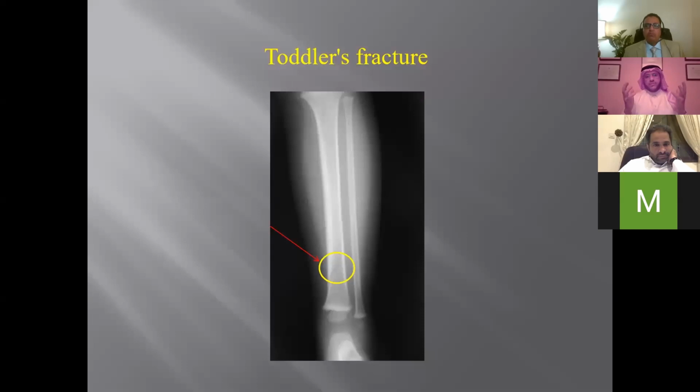If you cannot see any fracture and you think there is a toddler fracture, I would do a back slab for the kid and send the patient to the orthopedic clinic to be seen within 48 hours. They will repeat the X-ray and hopefully see something.